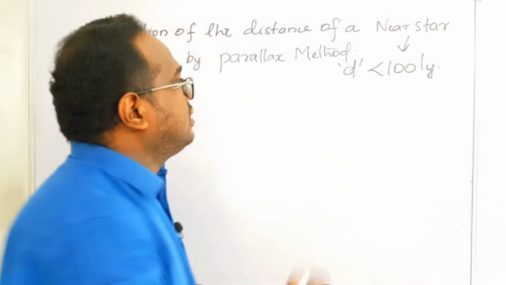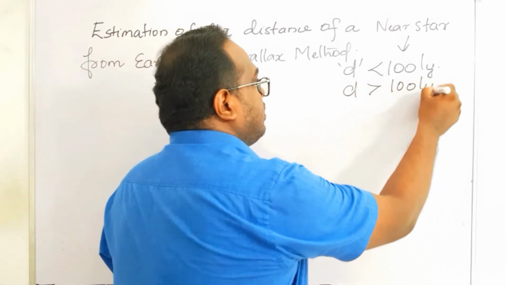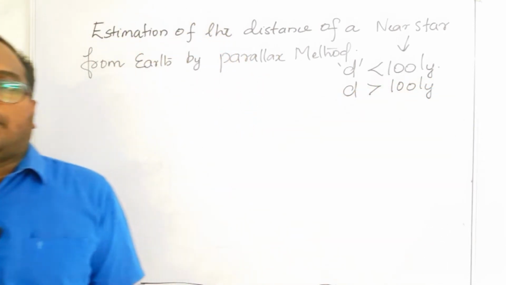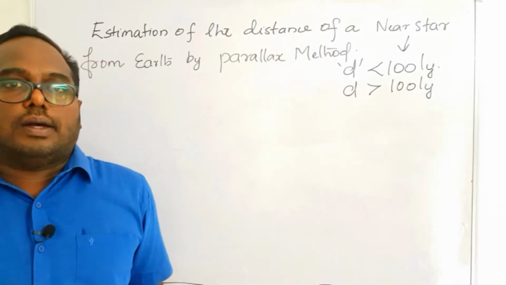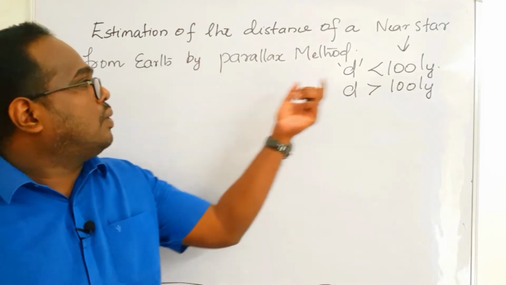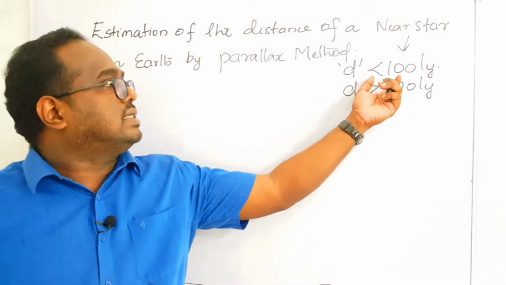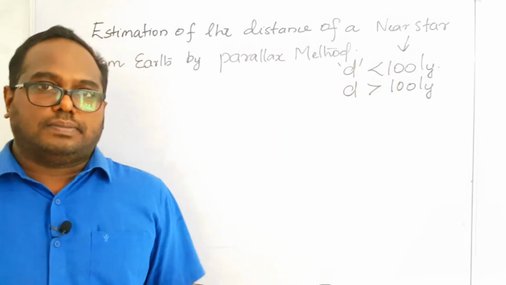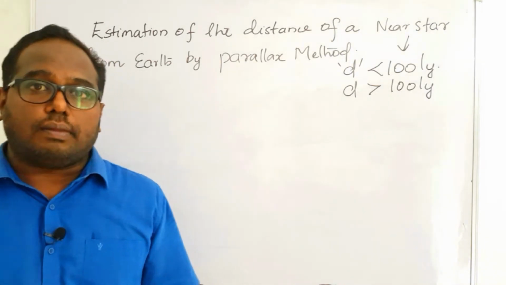Far star means the distance is greater than 1000 light years. We consider that a very far away star. So we can use the parallax method only for stars at a distance less than 100 light years. That is the disadvantage of the parallax method.